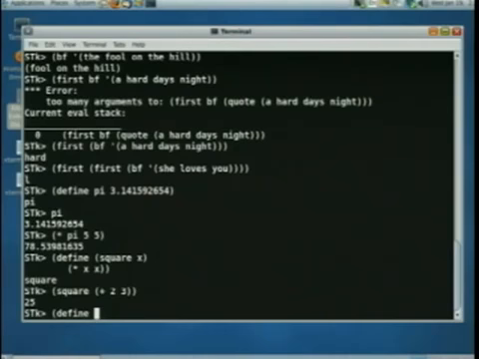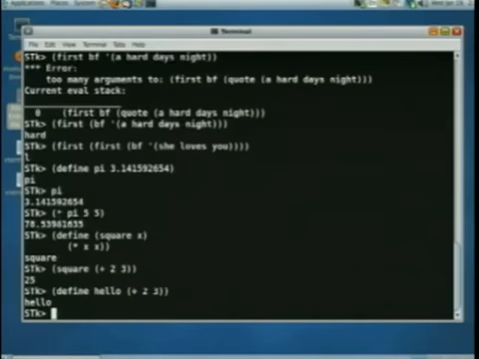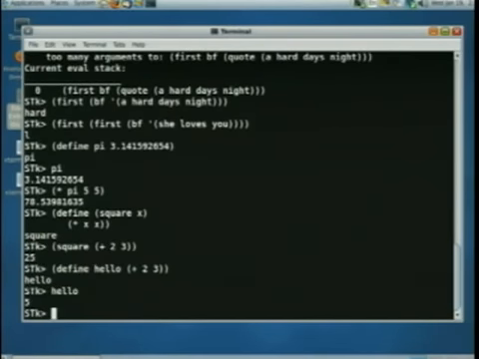But if I say define hello to be plus 2, 3, the value of hello is 5. It's not plus 2, 3. This got evaluated. If this were inside parentheses, then we'd be defining a function, and then nothing would be evaluated until we call the function. Great.